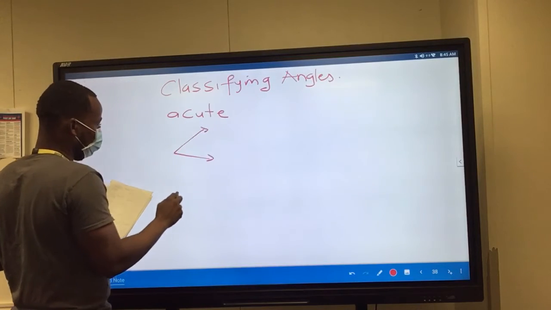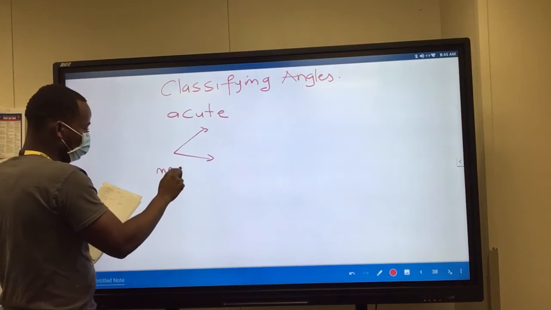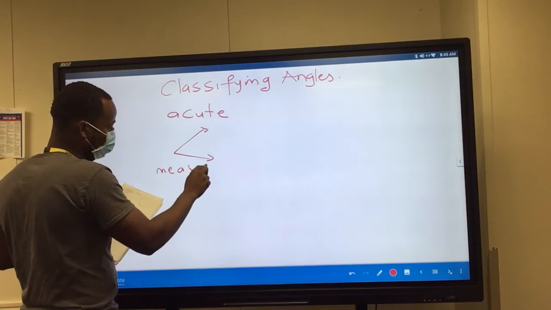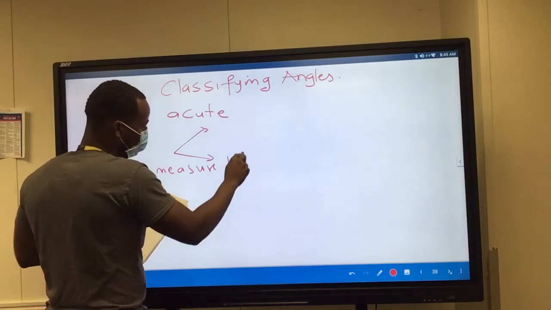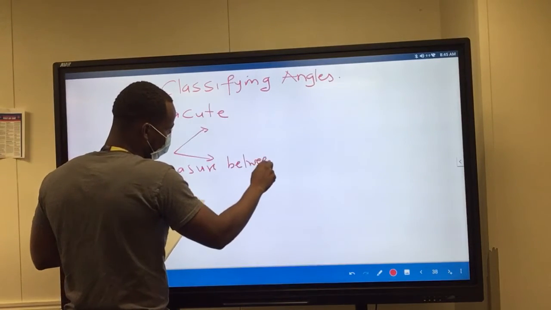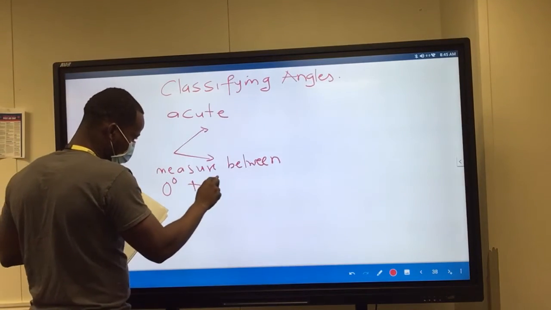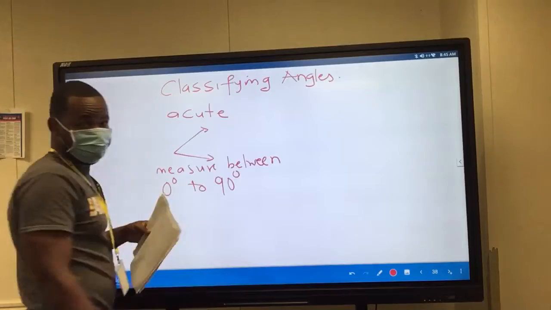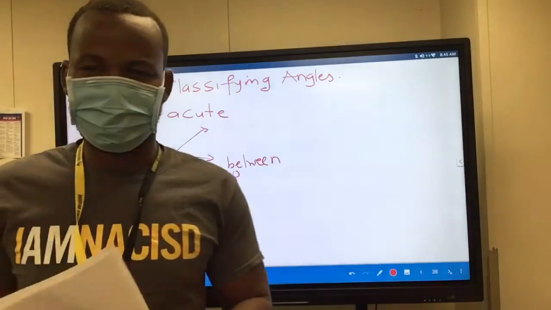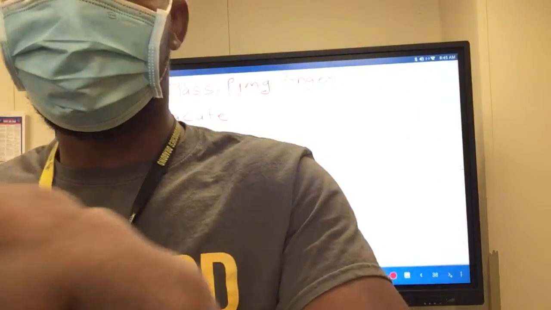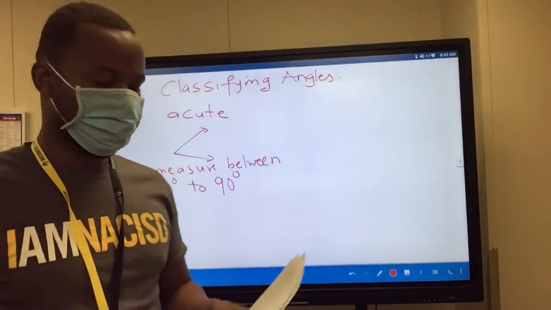They are smaller and they measure between 0 degrees to 90 degrees. So acute angles measure between 0 degrees to 90 degrees.